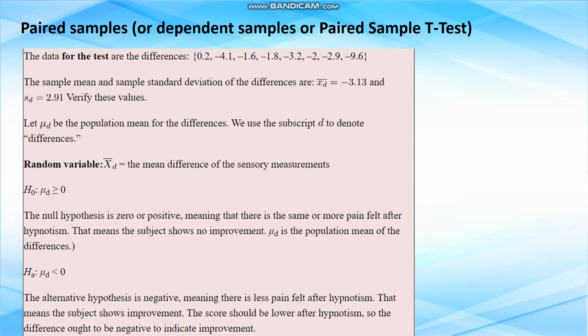It means less pain is felt after hypnotism. That means the subject shows improvement. If you reject the null hypothesis and accept the alternative hypothesis, there is improvement. The score should be lower after hypnotism, so the difference ought to be negative to indicate improvement.